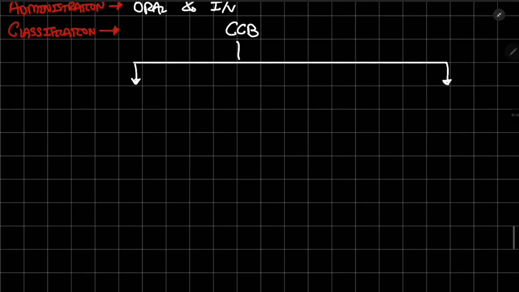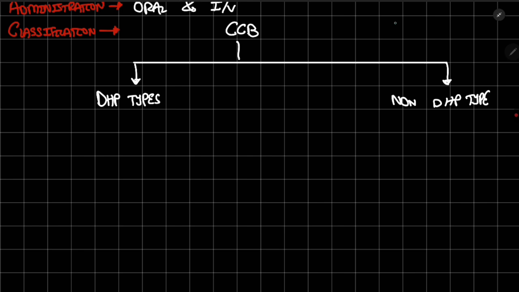The classification states that calcium channel blockers are of DHP type and non-DHP type. What is this DHP? DHP is dihydropyridine.